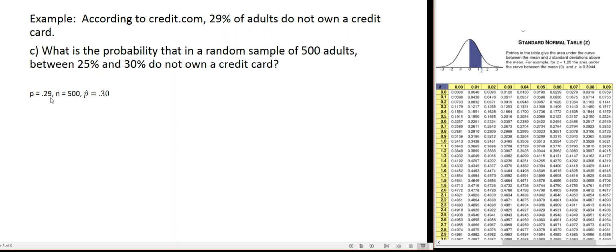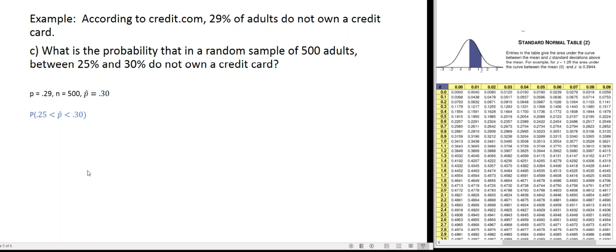We still have p equals 0.29, our n is still 500, and our p hat is 0.30, but then again, we have this extra p hat here, which is 0.25 or 25%. So when we write our notation here, we want the probability, capital P, that our p hat is in between our two numbers, 0.25 and 0.30.